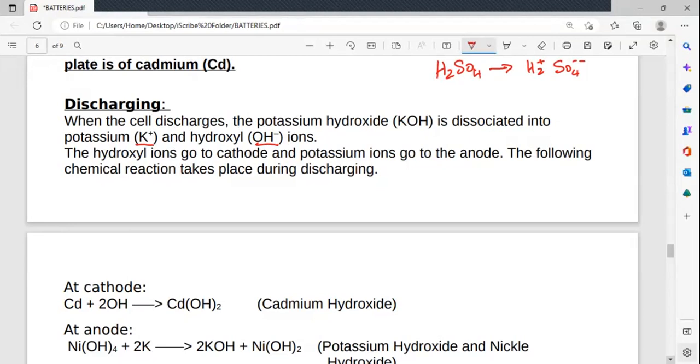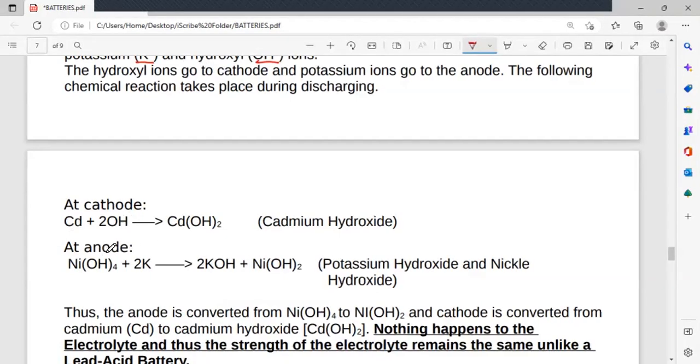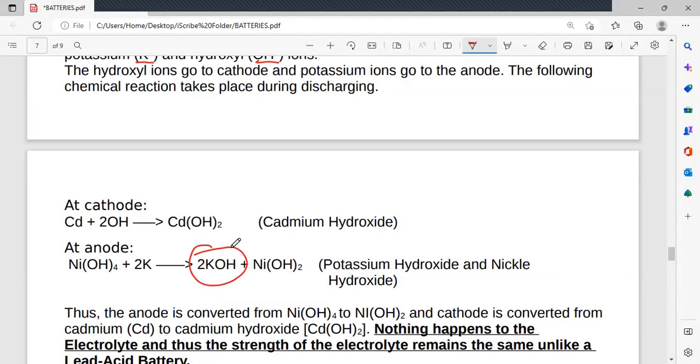And how do they take part? What happens at the cathode and the anode? At the cathode, cadmium reacts with the hydroxyl to give you cadmium hydroxide. And at the anode, your nickel tetrahydroxide reacts with the positive ions of potassium to form KOH, which is already your electrolyte, and nickel hydroxide.